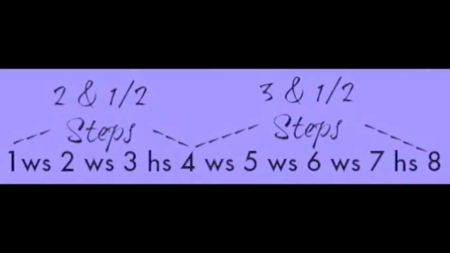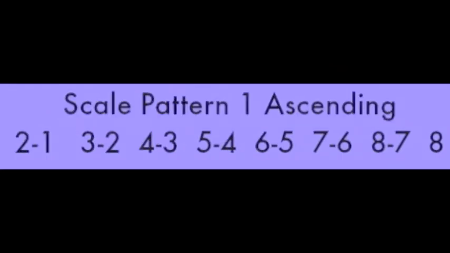All right, once you understand that on your guitar and you're able to say it out loud and play it at the same time and understand what those notes are and their steps away, then you can do the scale pattern 1 and work towards understanding that.